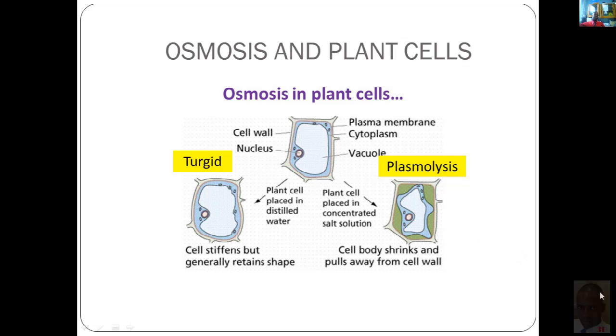The opposite of that occurs when we put the cell in a solution that has a very low water potential, which means that inside the cell you're going to have a higher water potential, and which also means that water is going to leave, because where the water potential is high there is a high tendency to move, and so it's going to move away to where there is a lower water potential.